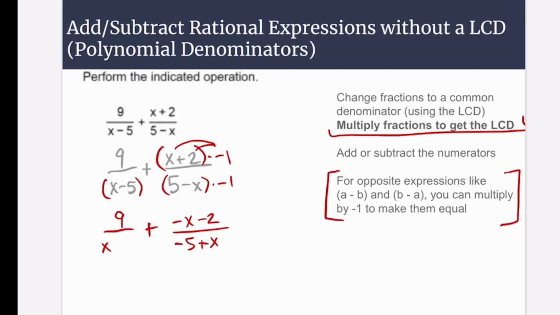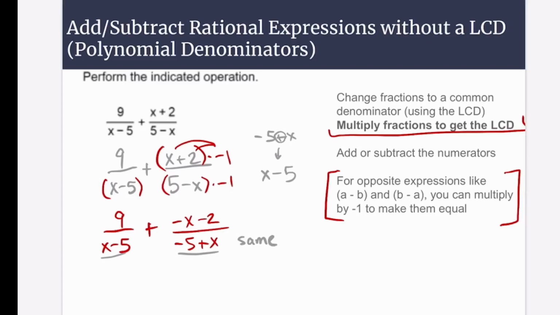Our first fraction stays the same. Now for these denominators, -5 plus x, because it is addition, we can rearrange this and write it as positive x minus 5. Now these denominators are the same.